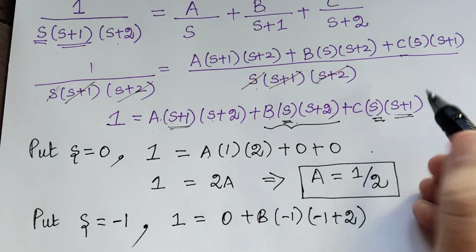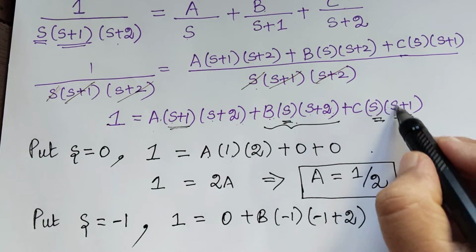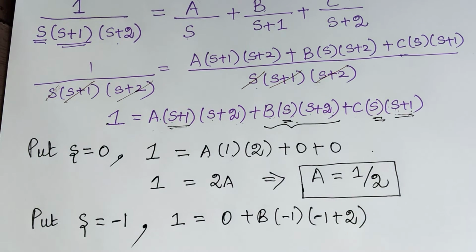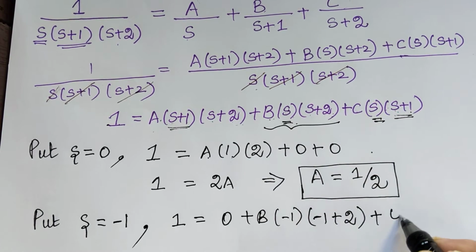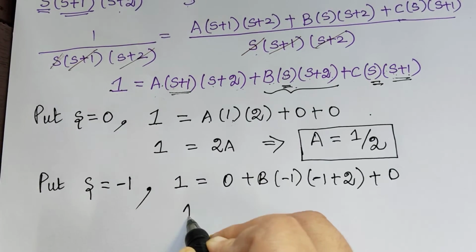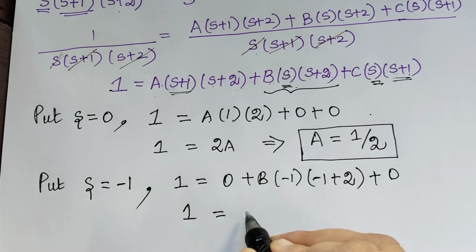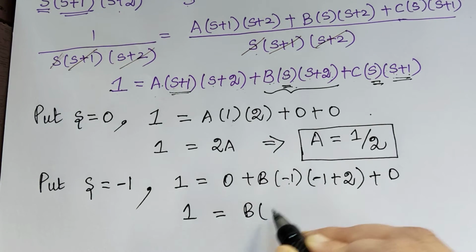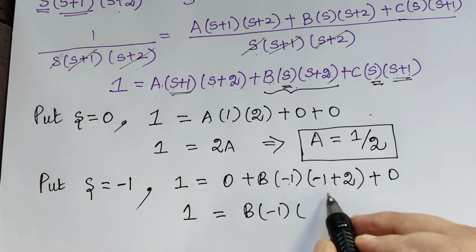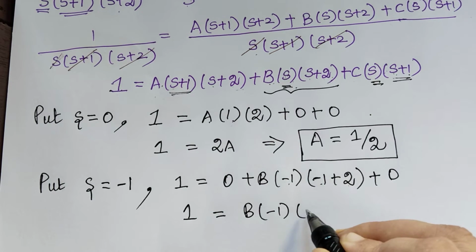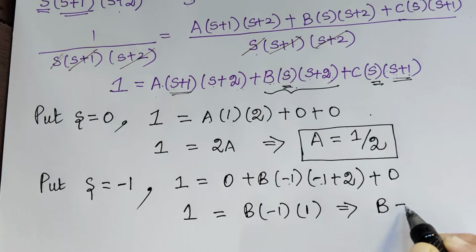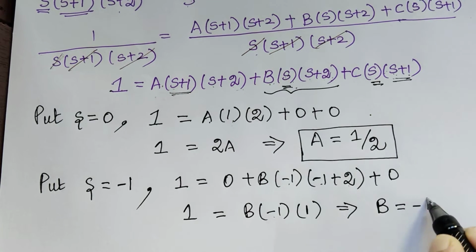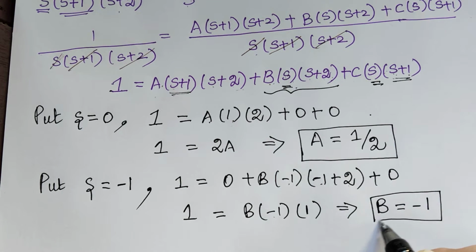And then when we put S as minus 1, minus 1 plus 1, this term becomes 0. So therefore this complete term becomes 0. And so 1 will be equal to B multiplied with minus 1 multiplied with, what is minus 1 plus 2? It is 1. So from this we get the value of B to be equal to minus 1. So we have obtained the value of B.